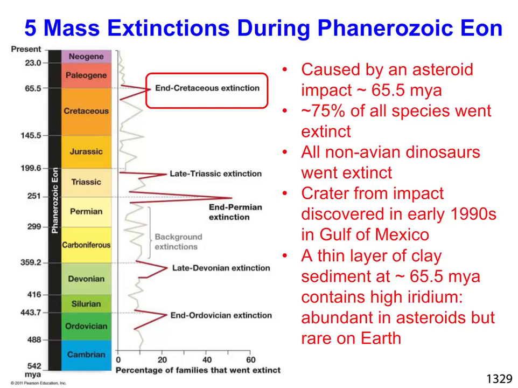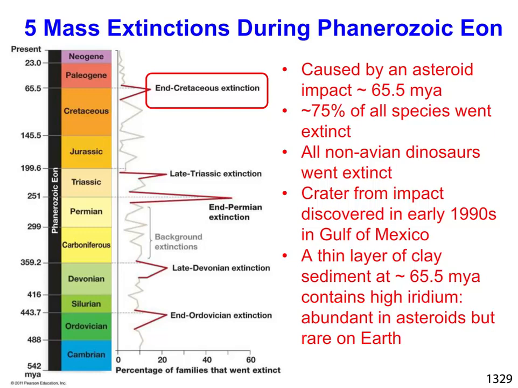Now, this is most likely hypothesized to be caused by an asteroid impact, although I've talked to many scientists who feel that this may not have been the case. However, they do know that 75% of all species went extinct. All of the non-avian dinosaurs went extinct. There was a crater that scientists believe resulted from the impact of this particular asteroid.